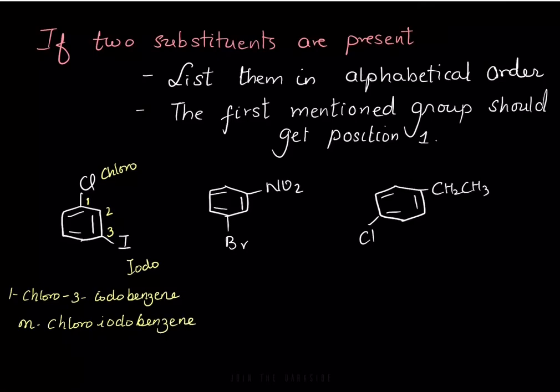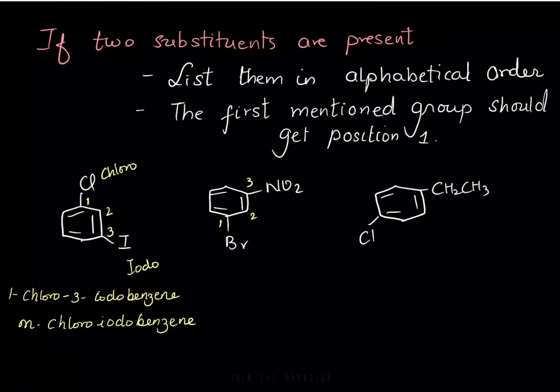Okay, one more problem. So here you have a nitro group and a bromine on the benzene molecule. So where would you start the numbering from? Obviously B comes first, B comes before N. So this is going to be number 1, 2, 3.